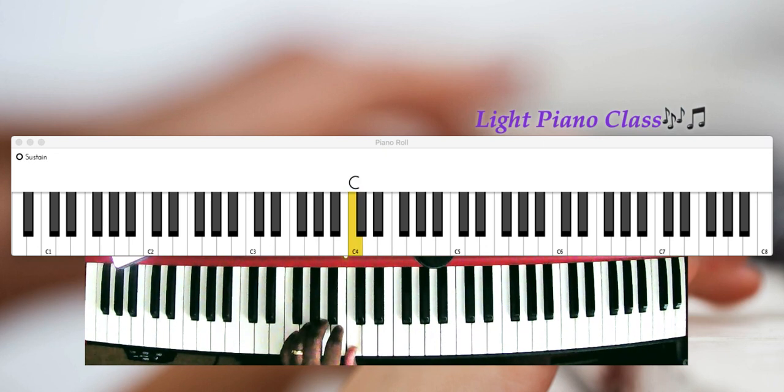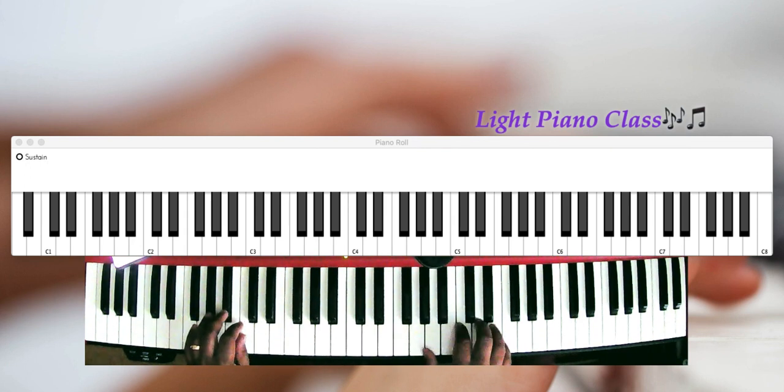So this is how it goes. It goes 1, 5, 6, 3, 4, 5, 1. Okay, that's the bass movement. So we are just going to assign chords to these bass lines.